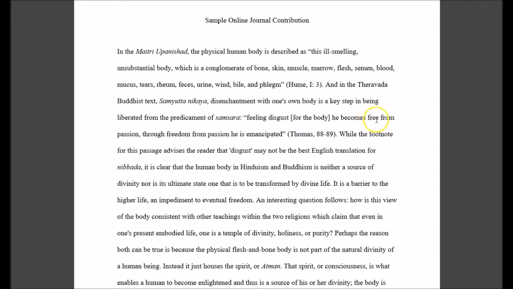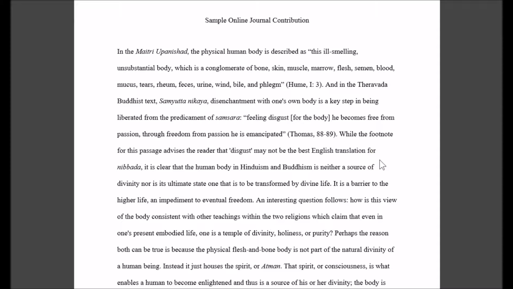So you see what this says. He becomes free from passion. Through freedom from passion, he is emancipated. So emancipated, liberated. You see how that works? So the gloss, the discussion of the quote is actually occurring in her own words leading into the quote. Very effective. Very effective. And then again, proper citation here. Different text. Thomas, that's the editor and translator, and then the page numbers, 88, 89.